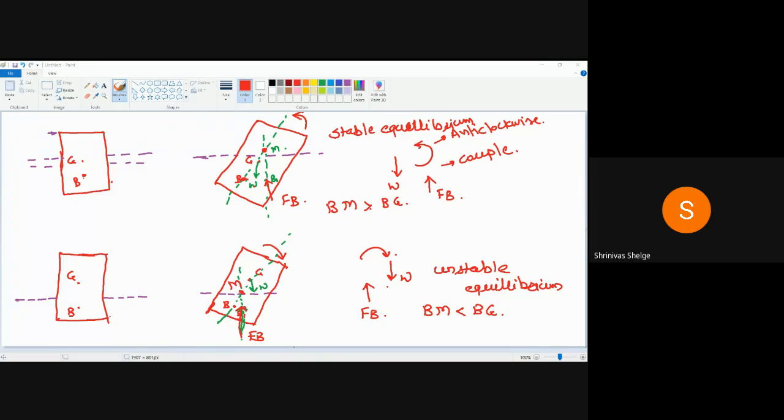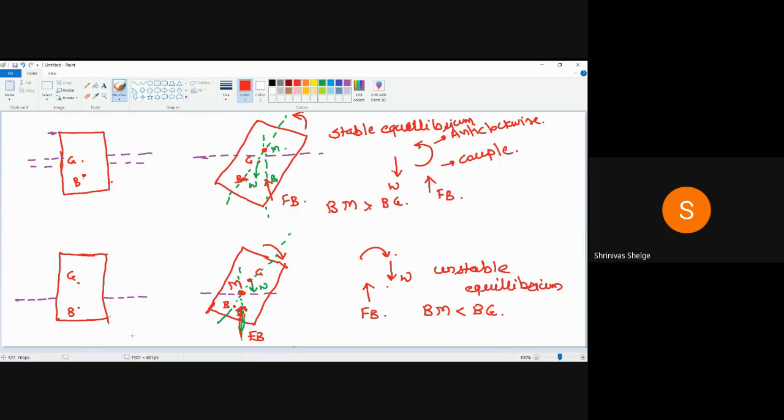Okay. So the next one is the neutral equilibrium condition. So what is the neutral equilibrium condition? What will happen about the position of M? Or my question is, what about the BM and BG in case of neutral equilibrium condition? In stable equilibrium condition, M is above G. In unstable equilibrium condition, M is below G. So what about the neutral equilibrium condition?